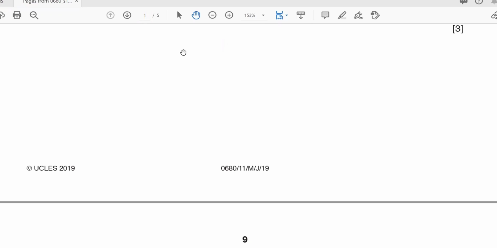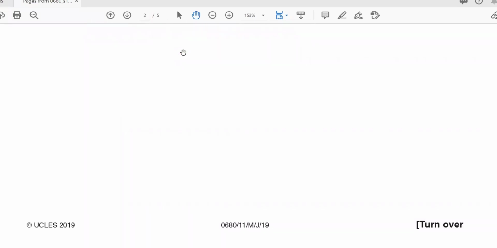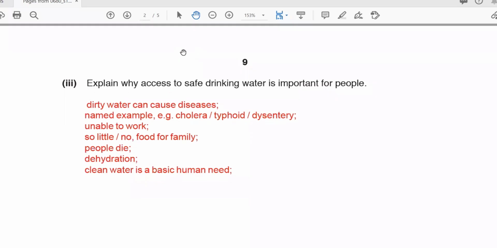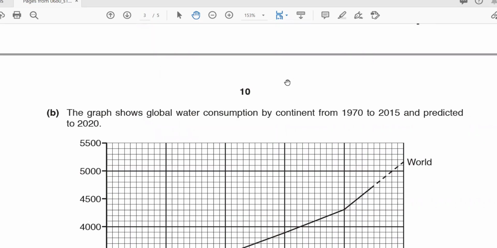Okay. Let's see how many marks this question has. Dirty water disease, name some examples. So food for family, people, dehydration, it can happen. Basic things that happen with diseases. Good. Okay, Lean.